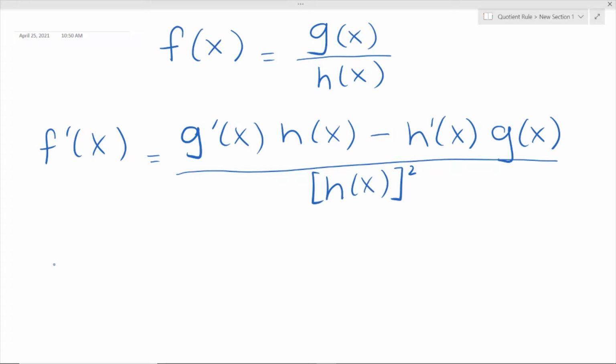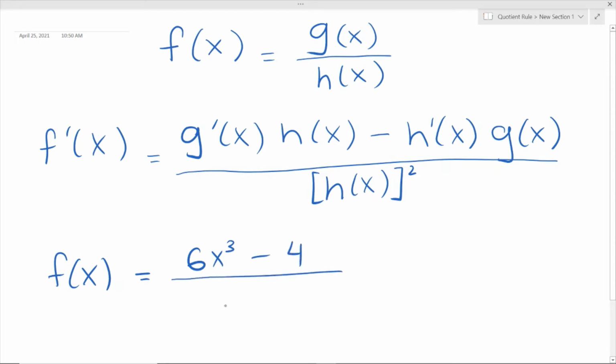So to illustrate this with an example, say we have f of x is equal to 6 times x cubed minus 4 all over x squared plus x minus 5. We want to find the derivative of f of x in this case, so we're trying to find f prime of x.